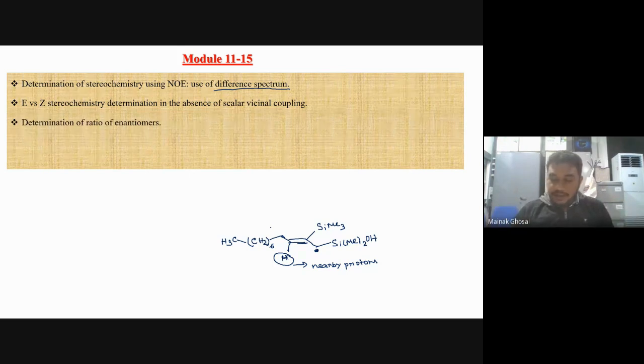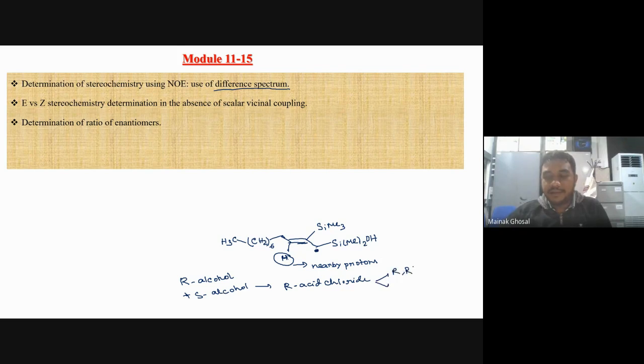And also from there, you can determine the ratio of enantiomers. You have seen this in the lecture of Mosher's acid chloride, where suppose you have R alcohol, okay, and suppose in the mixture you have S alcohol. So here you can add any kind of R or S acid chloride. What will happen? They will form ester. This ester will have two types of stereochemistry.